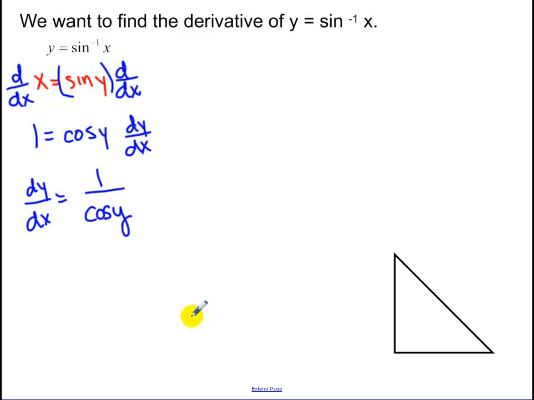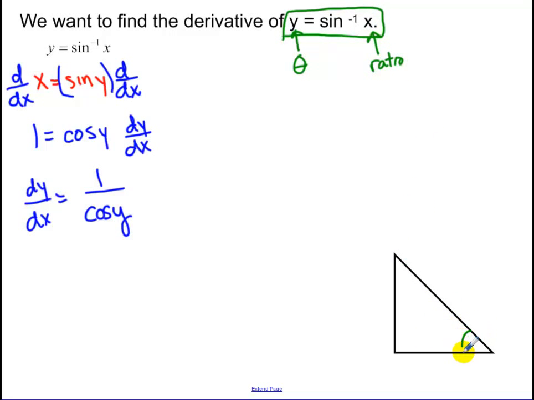So let's think about what we originally started with: y equals the inverse sine of x. Remember, inverse trig, that's an angle, and this is the ratio at that angle.